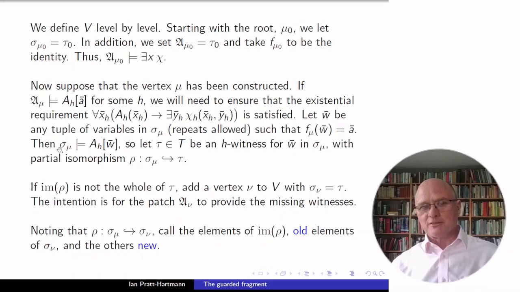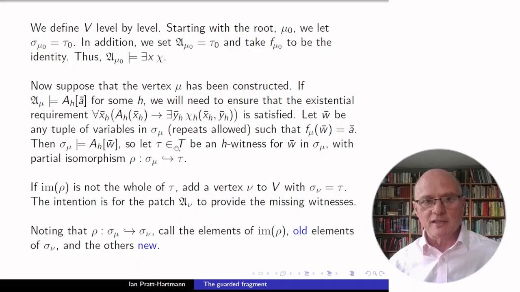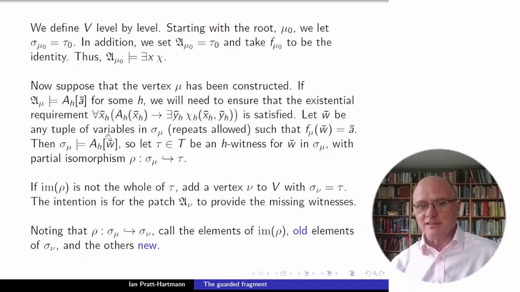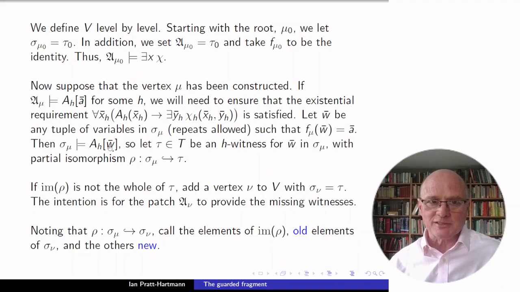Okay, so we've got a tuple of variables in the type labelling mu satisfying AH. But the set T of types contains no bad types, so there must be a witness. If there weren't an H witness in T for this tuple W, sigma would be a bad type.